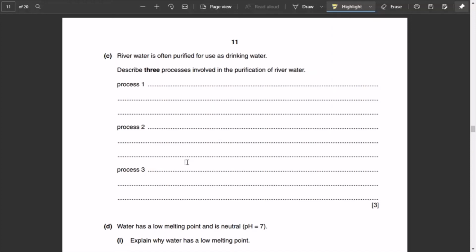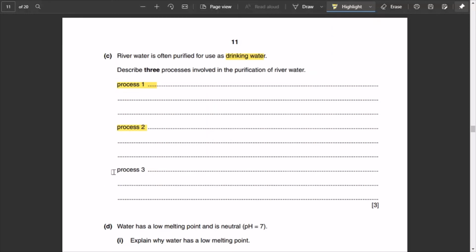Now, for the sand particles and other little unwanted particles that are physically mixed in it, we filter them out through the filtration process. And lastly, we use carbon, charcoal, so that all the smell of the river water is gone. It absorbs the smell and removes the unpleasant taste. So now water is ready to be drunk.